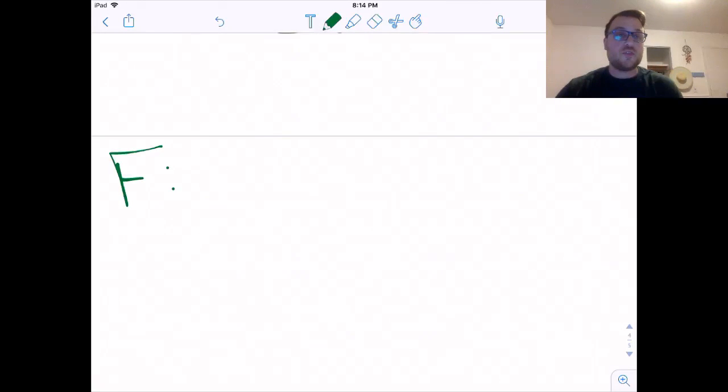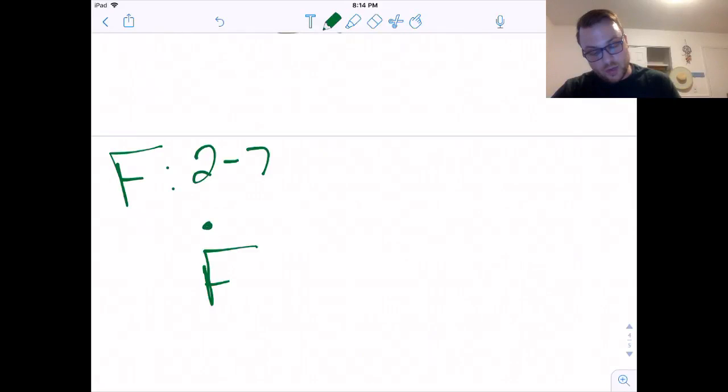All right, let's do fluorine. Fluorine's ground state electron configuration is 2-7. So fluorine as an atom will have 1, 2, 3, 4, 5, 6, 7. That's a fluorine atom.